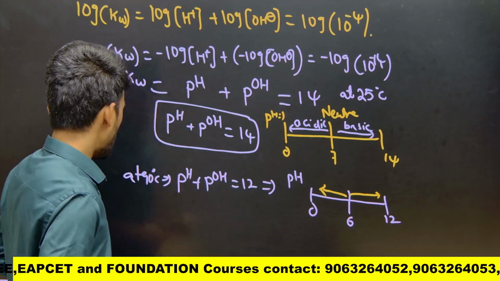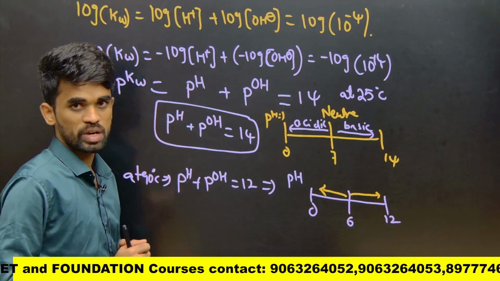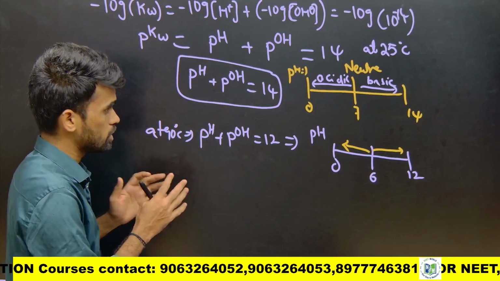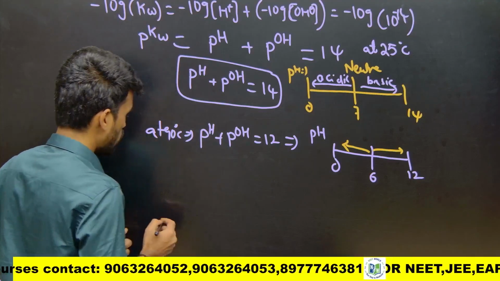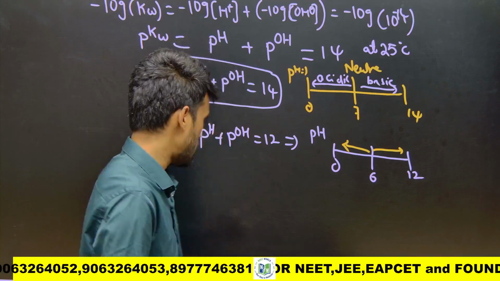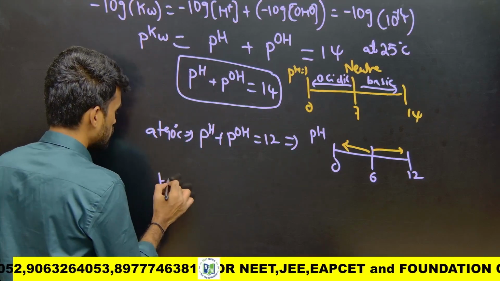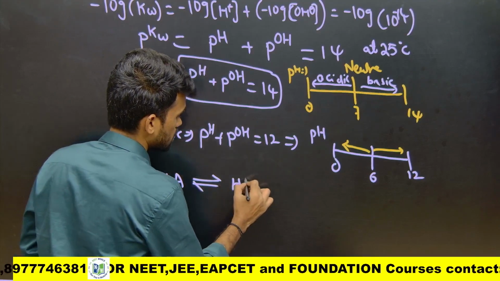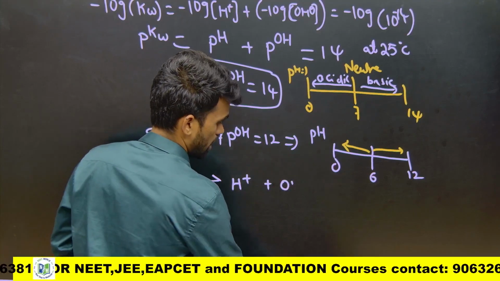Now I want to give you one more equation to make this topic a little more clear. We know we have weak acids and weak bases, right? Let us say HA is a weak acid. It will dissociate into H plus and A minus.